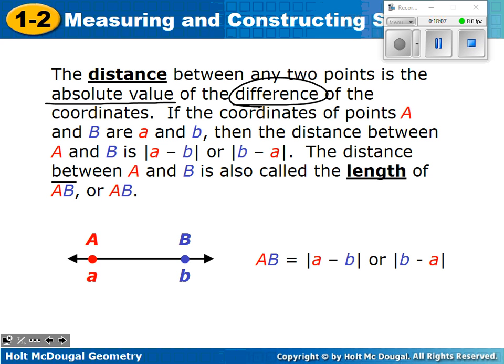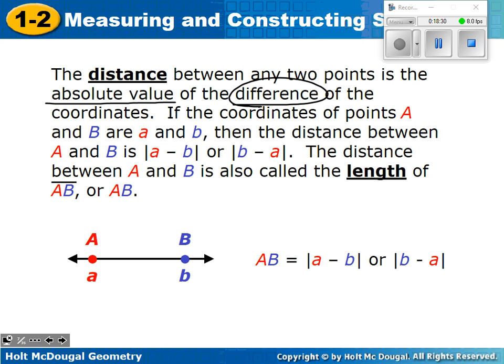New today, if you see 2 capital letters side by side, no comma, but there's nothing up above them, that means distance, which is a number. So if you see 2 capital letters side by side, it's not a segment, not a ray, not a line, nothing is above it, it means find the distance from A to B.